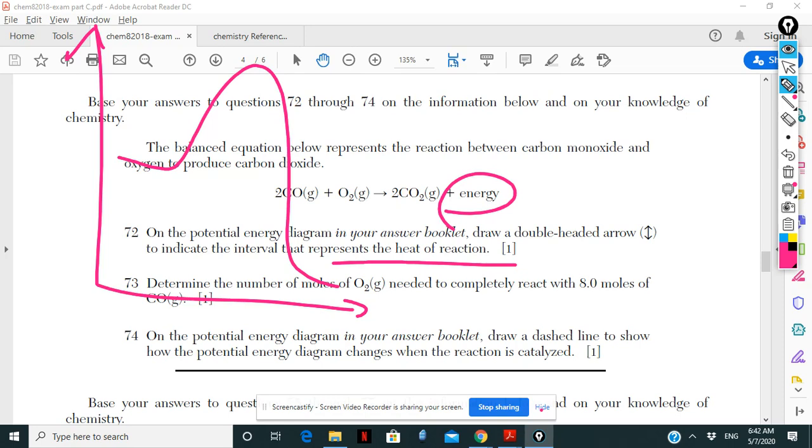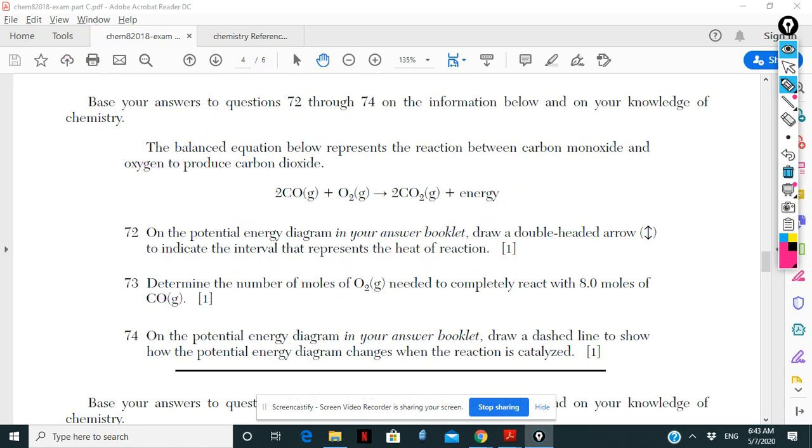In that case, the difference between the energy levels of reactant and product is the delta H, or the heat of the reaction.